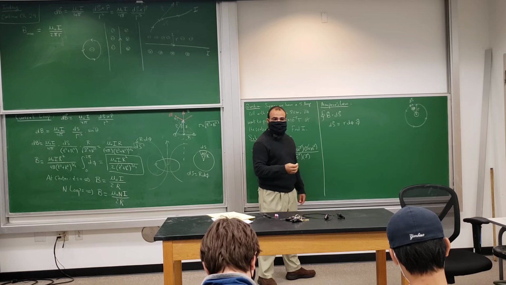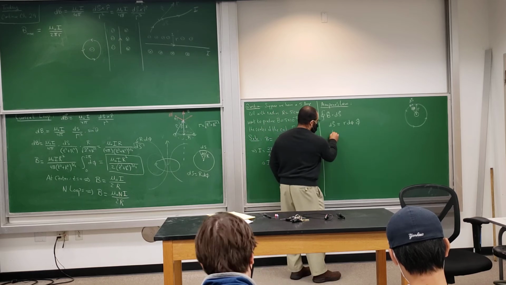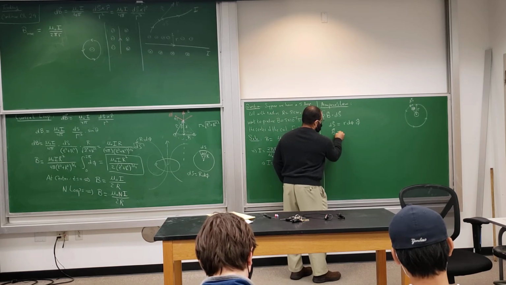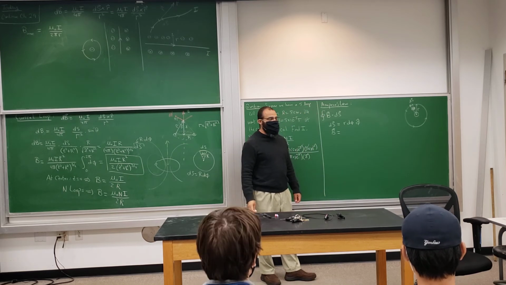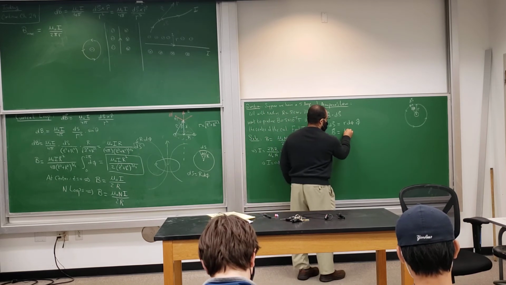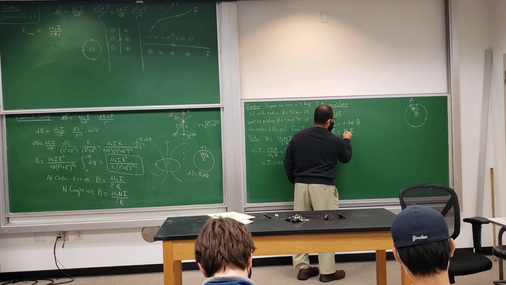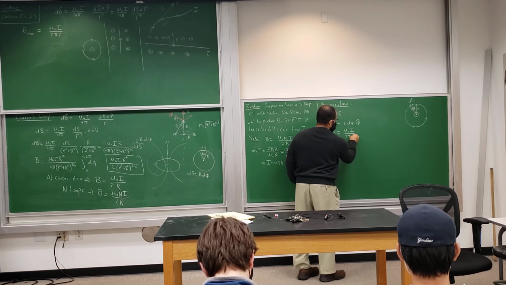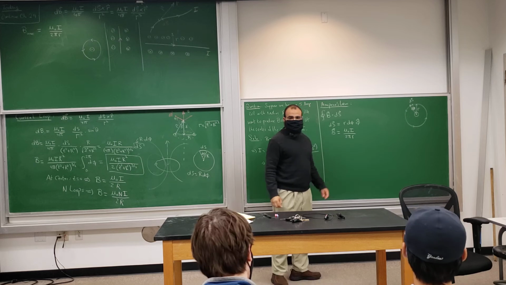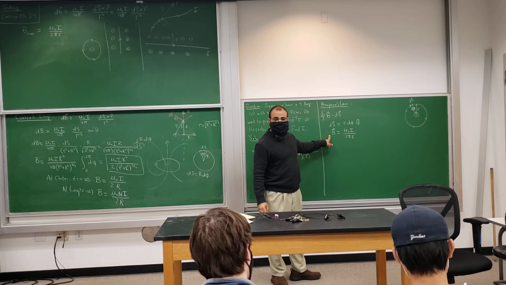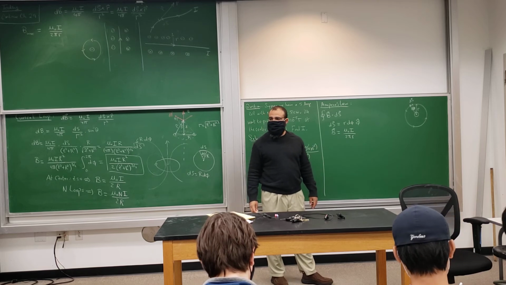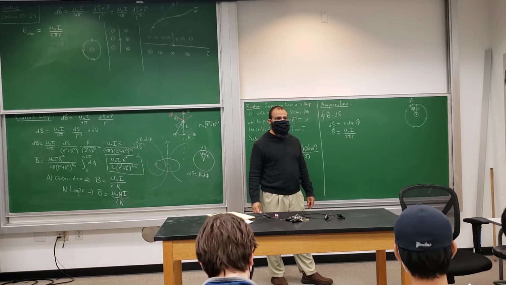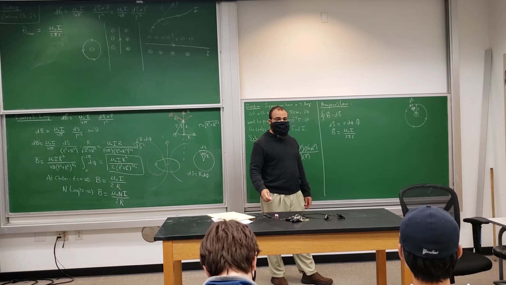Let's write down the magnetic field now. This is a current carrying wire. The magnetic field due to a current carrying wire is mu naught times I over 2 pi r. In what direction is it? What does the magnetic field do around the wire?